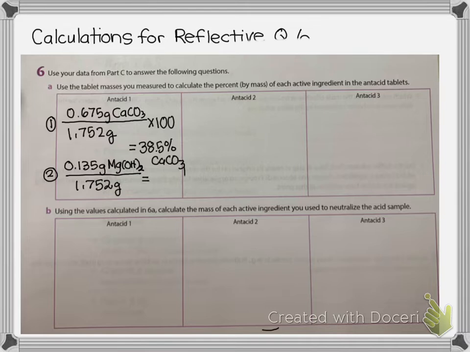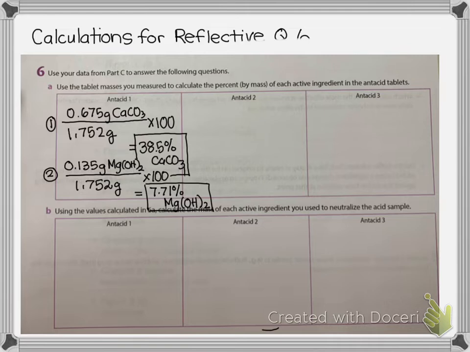And so, times 100. It's a percent. So, times 100. And that's going to equal, sorry, it's crowded. Yours probably will be too. So 0.135 divided by 1.752 times 100 is 7.71%. And that's the magnesium hydroxide. So in this first problem, we have the percent of the calcium carbonate is 38.5, and the percent of the magnesium hydroxide is 7.71.